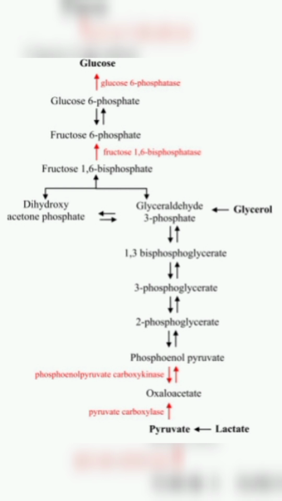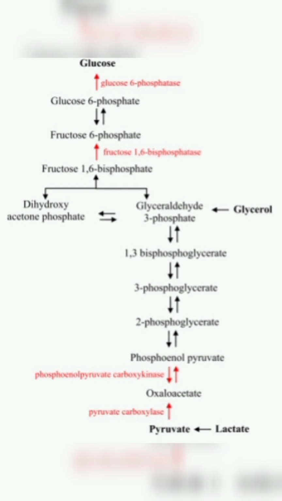Now this 3-phosphoglycerate is converted to 1,3-bisphosphoglycerate with the help of ATP. Then this becomes glyceraldehyde 3-phosphate, which is again converted to dihydroxyacetone phosphate. Glyceraldehyde 3-phosphate and dihydroxyacetone phosphate, by aldol condensation, make fructose 1,6-bisphosphate.